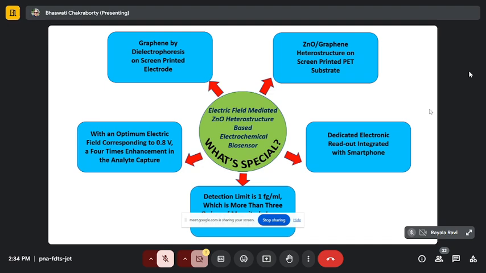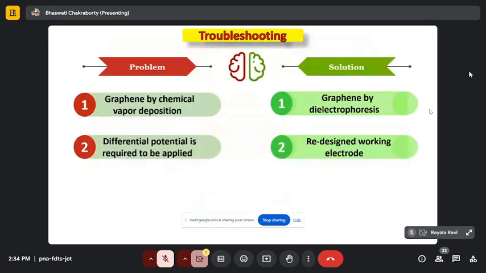Here we have used the dielectrophoresis method in order to tackle the cost effective way to deposit graphene, and it has been realized on screen printed PET substrate. The main thing we have incorporated over here is that we have provided an electric field to enhance the antigen antibody molecule capture on the sensing device platform.